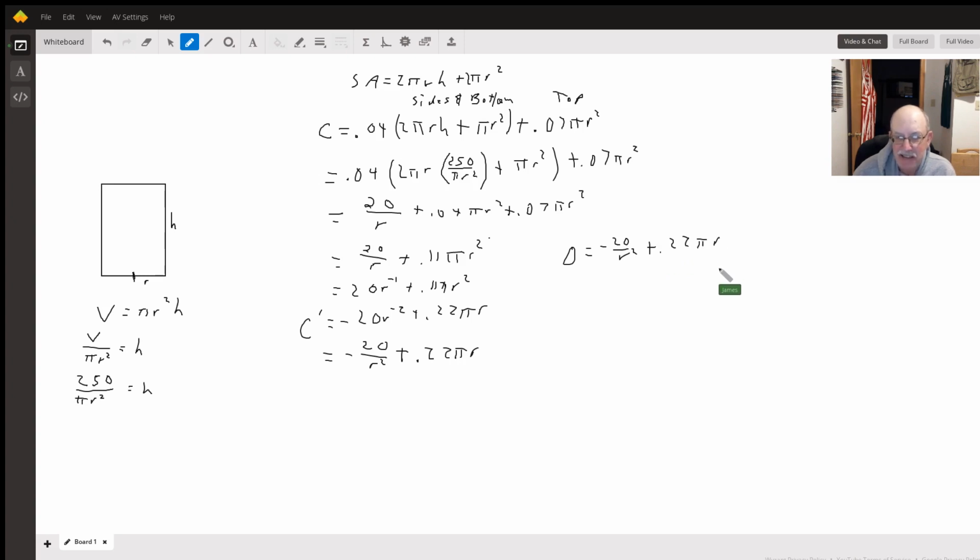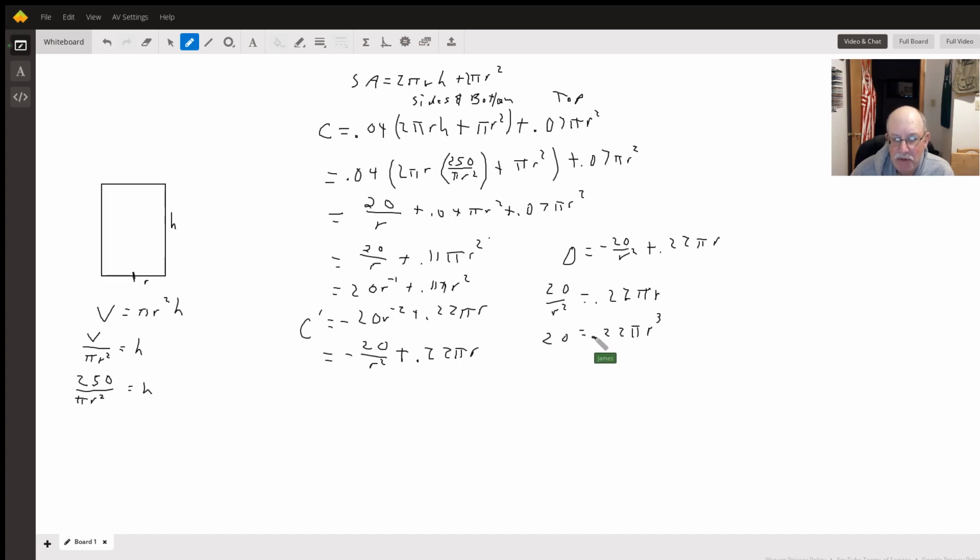It's easier just to leave the pi in there until the very end. So then we'll add 20 over r squared to both sides, equal 0.22 pi r. Well, we'll multiply both sides by r squared, and I get 20 equals 0.22 pi r cubed.